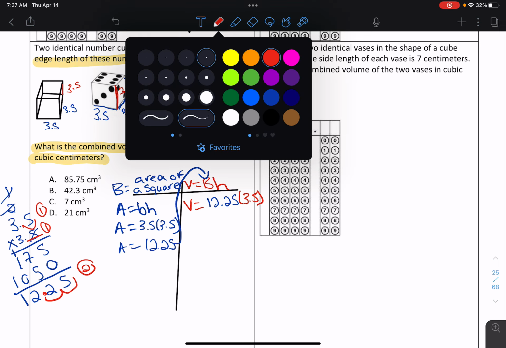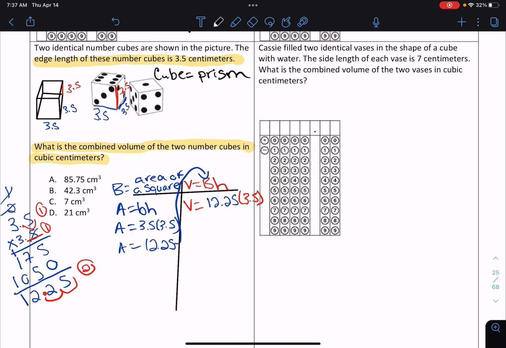So let's go ahead and multiply that. How many decimal spaces do we have here? 2. How many do we have here? 1. So that means we're going to have how many decimal spaces in our answer? 3. Okay. So make sure you multiply correctly.